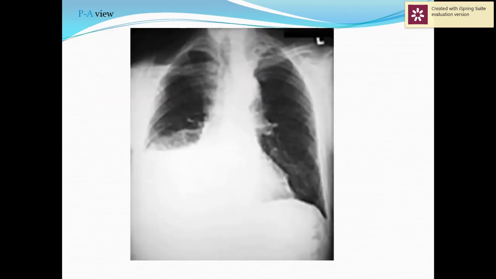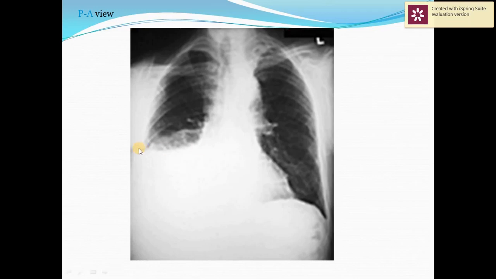To start with, this is the PA view, posterior anterior view, of a patient who is complaining of progressive shortness of breath for the last 2 weeks, associated with fever and cough and pleuritic chest pain initially. Then the pain disappeared.